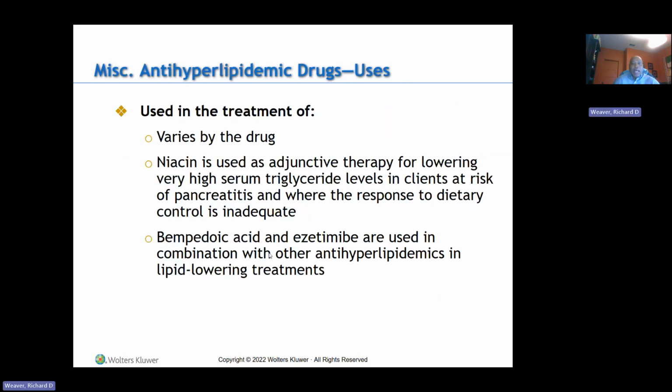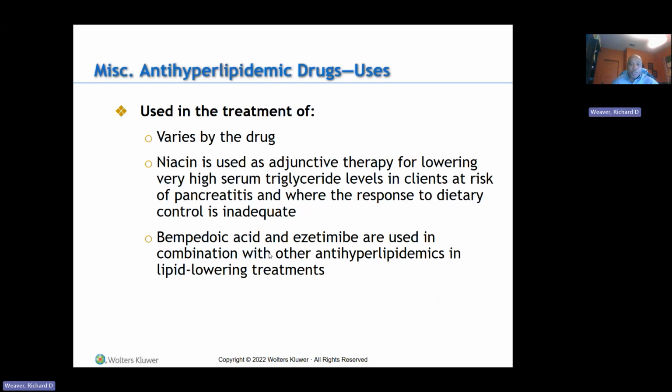All right. Now, niacin is used as an adjunctive therapy for lowering very high serum triglyceride levels in those patients who are at risk of pancreatitis, which is an inflammation of the pancreas, and also for those whose response to dietary control is not adequate.